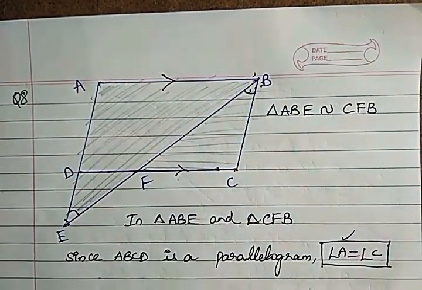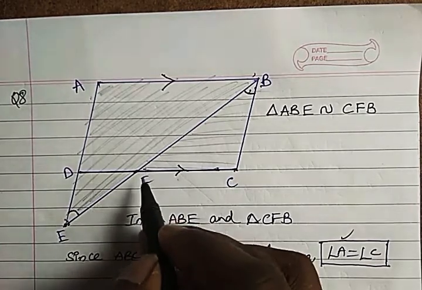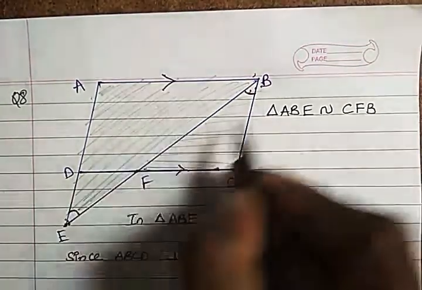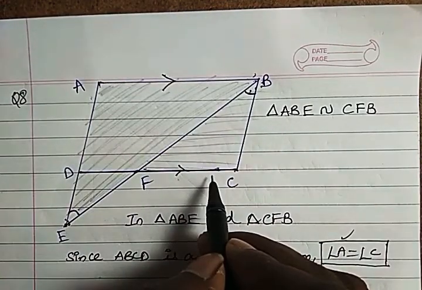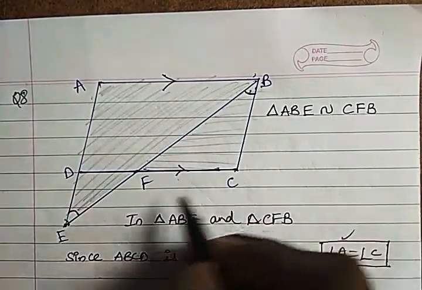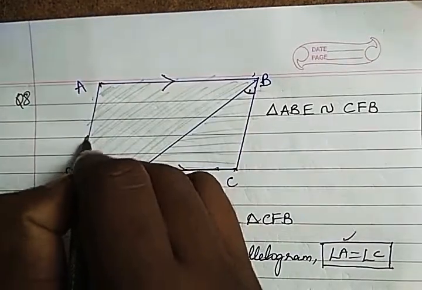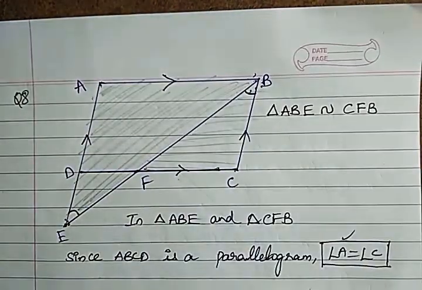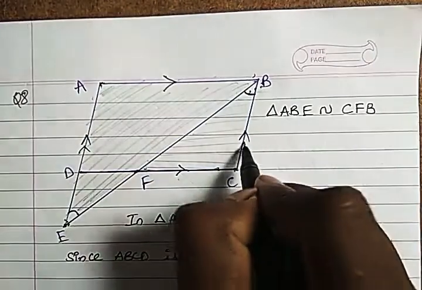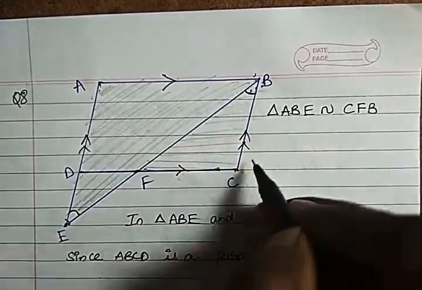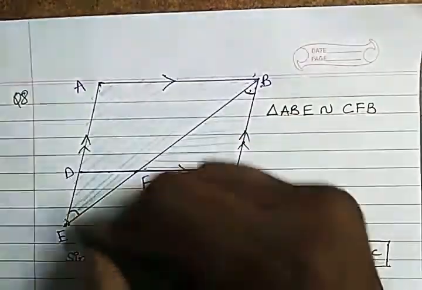If they are parallel, then AE and BC are also parallel.